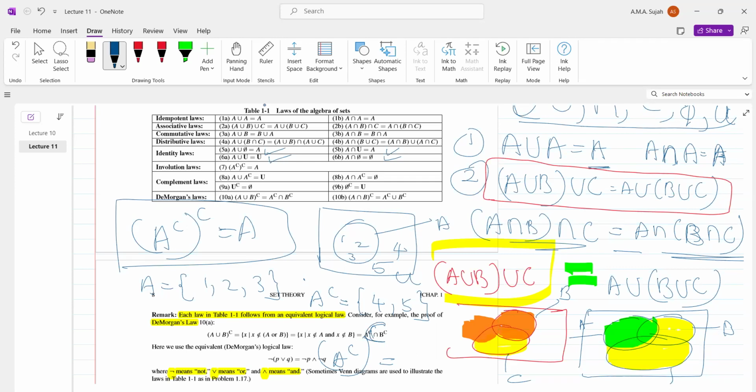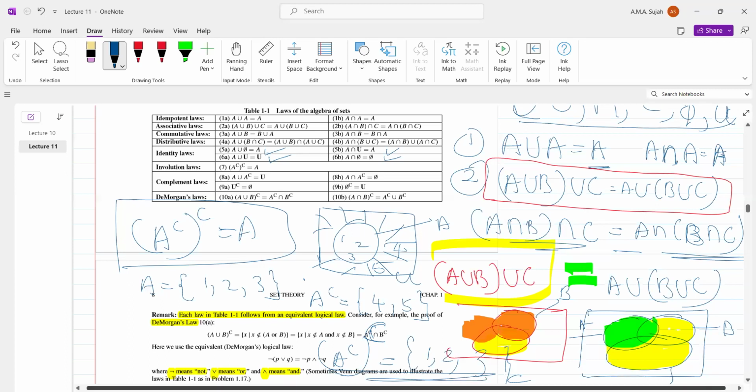If you consider A complement as a set, then 4 and 5 are its elements. But now you need to consider the elements not belonging to A complement but belonging to the universal set. So A complement means the elements are 4 and 5. The complement of A complement means the elements are 1, 2, 3, right?